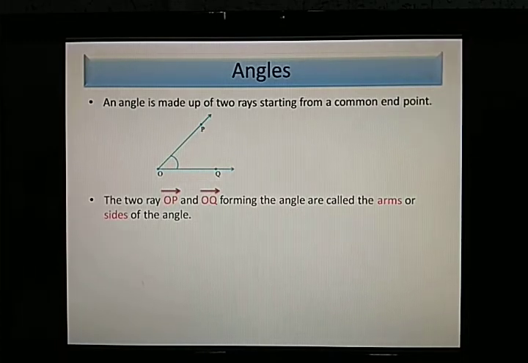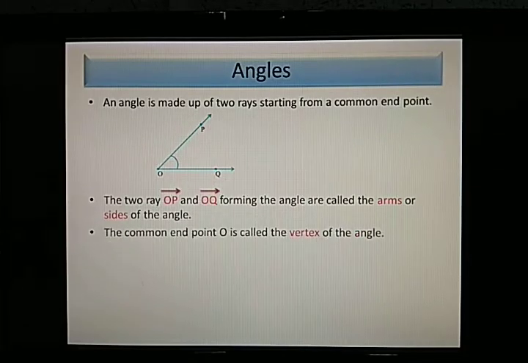Clear? And these two arms are nothing but the two rays by which the angle is formed. Now the common endpoint O also has a particular name. It is called the vertex. From where these two rays are emerging, this common endpoint is called the vertex of the angle.